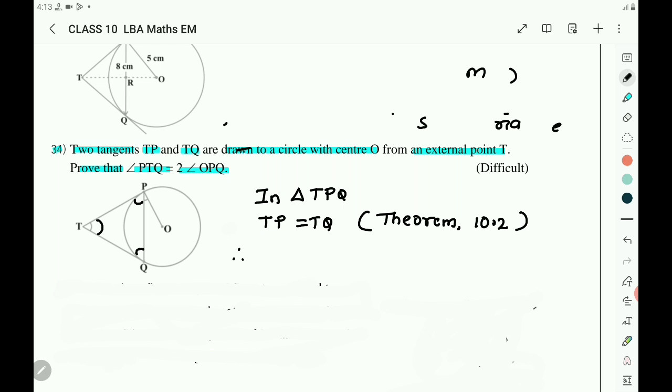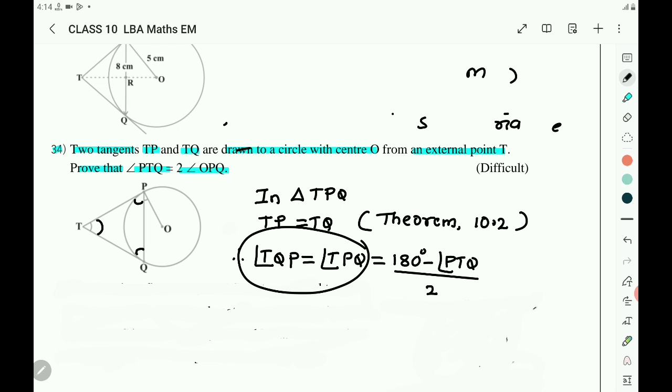Angle T means angle PTQ. So both are equal to 180 degrees minus angle PTQ whole divided by 2.